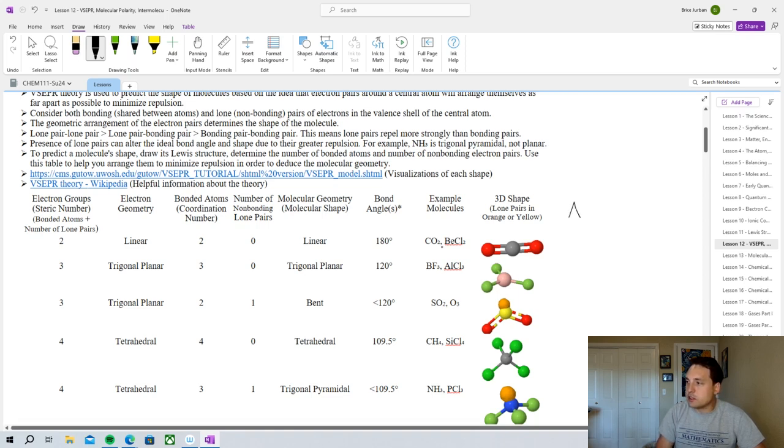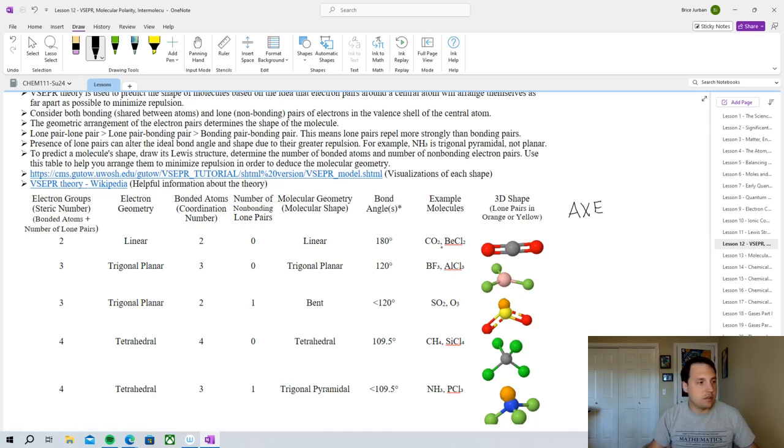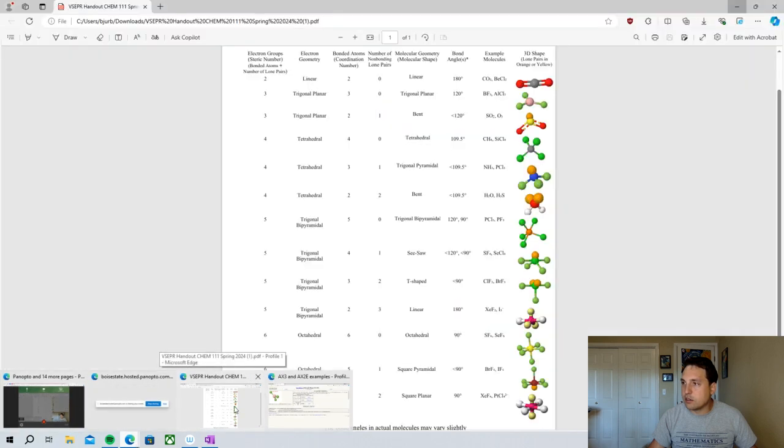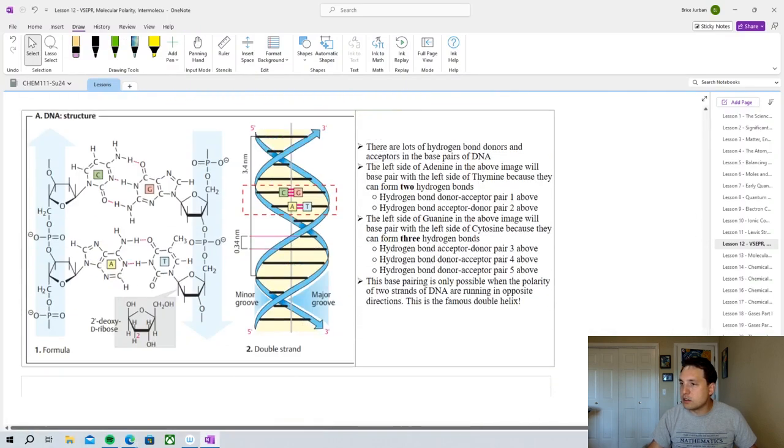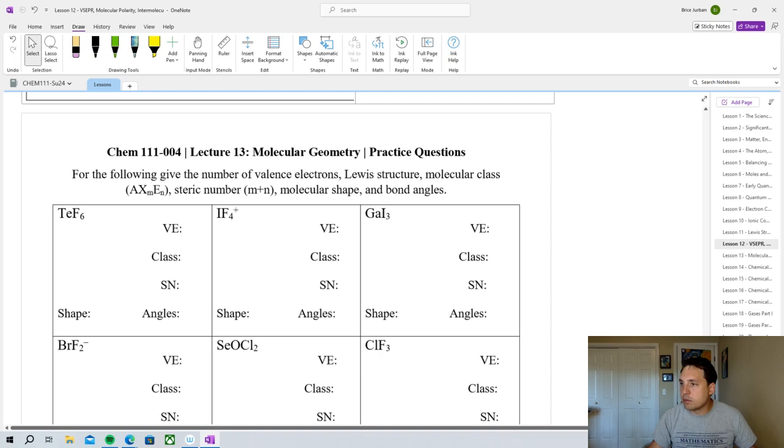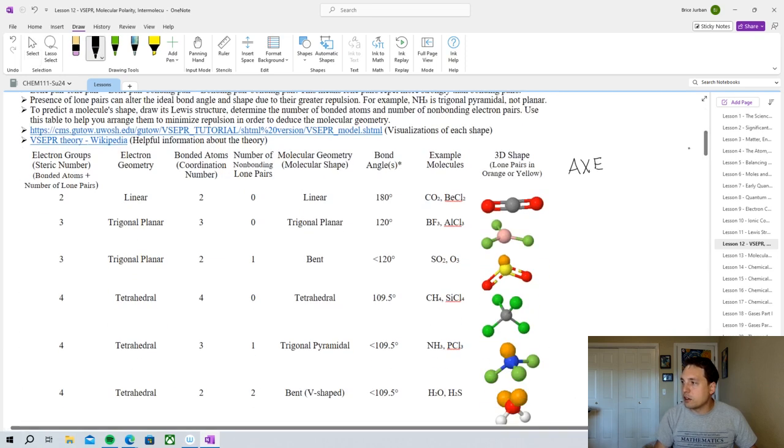But the other notation is this AXE notation, or AX notation. Let's see, M and N. I just want to make sure I use the correct notation.